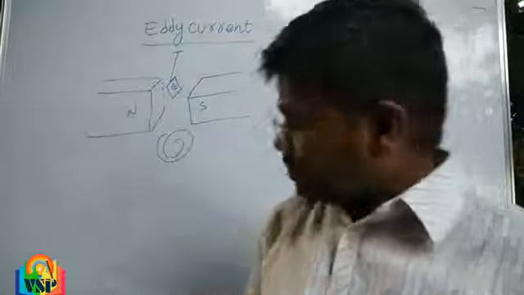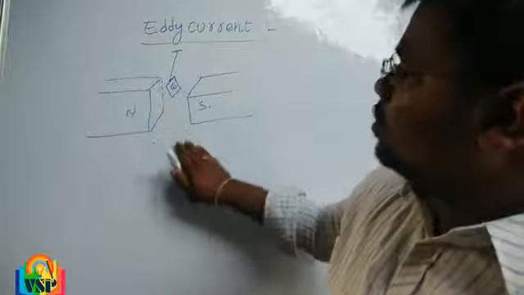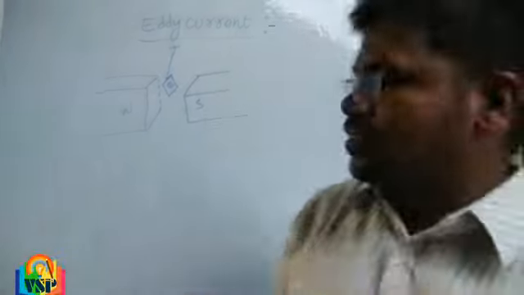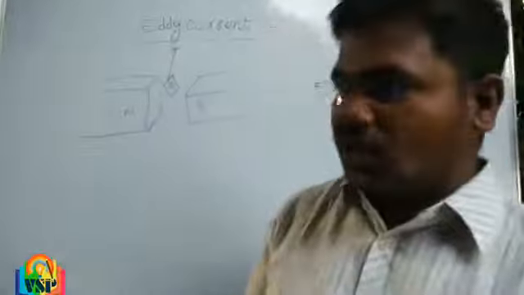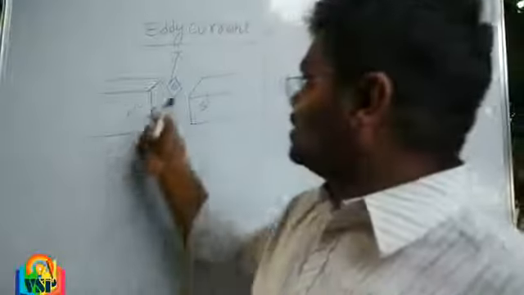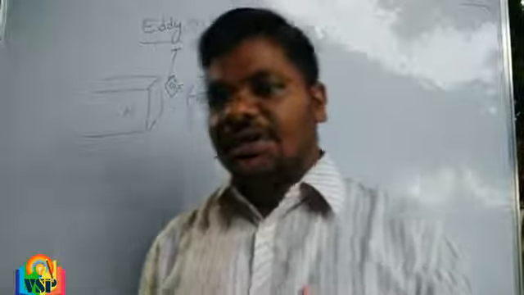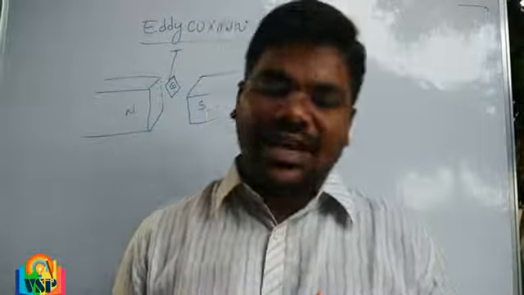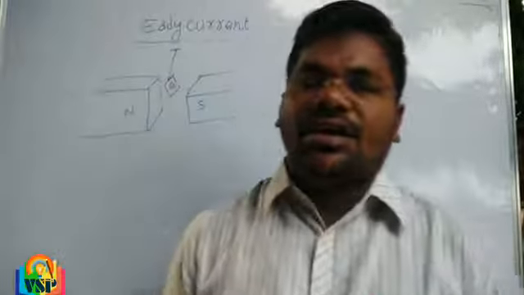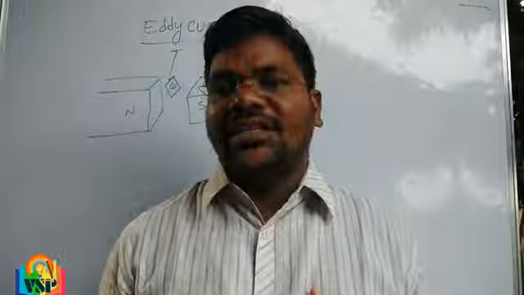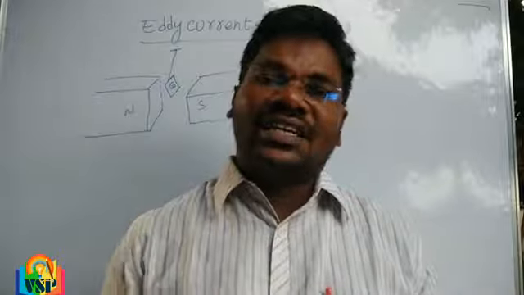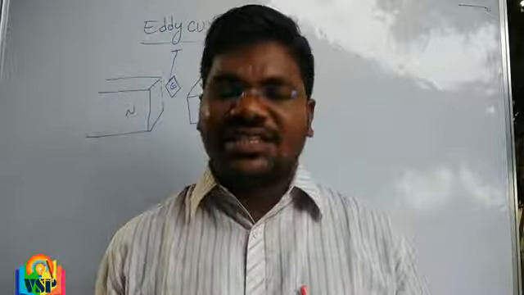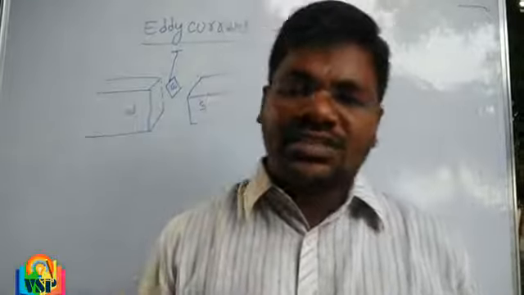The magnetic flux is linked with this bulk piece of matter, and current is induced in it. As I already said, when the magnetic flux linked with the metallic conductor changes, an induced current is developed.